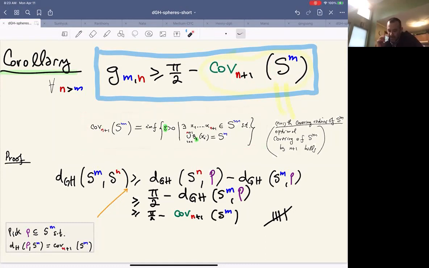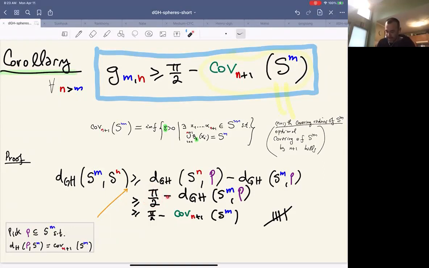How do we prove this? Well, Gromov-Hausdorff distance satisfies a triangle inequality. So the distance between S^m and S^n is lower bounded by the distance between S^n and P, for some finite metric space P to be specified in a minute, minus the distance between S^m and P. Now if I choose P to have cardinality sufficiently small, I will get pi/2 by the previous slide.